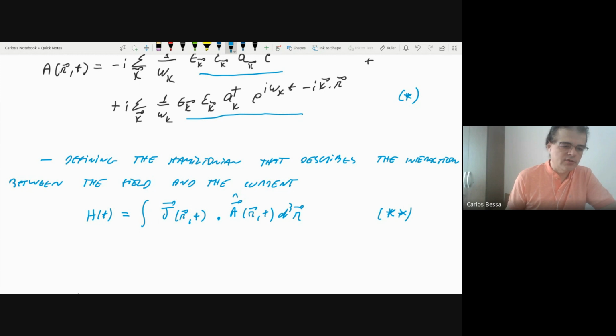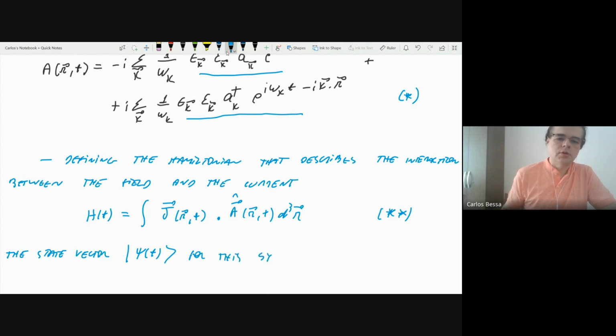We'll define the state vector. So the state vector, I will call psi of t, for this system, obeys the Schrödinger equation.